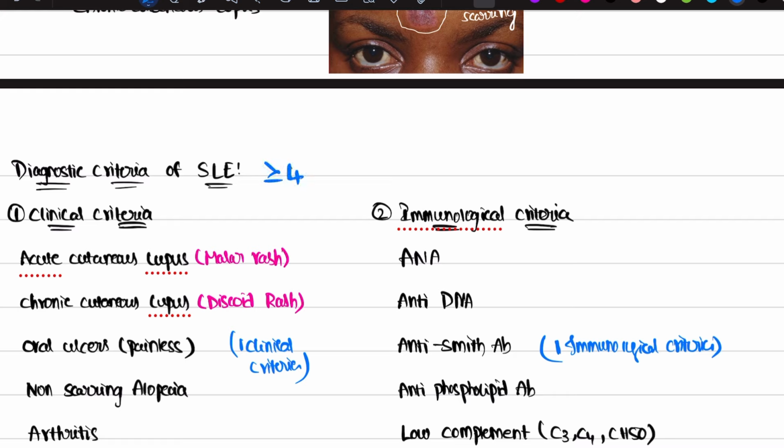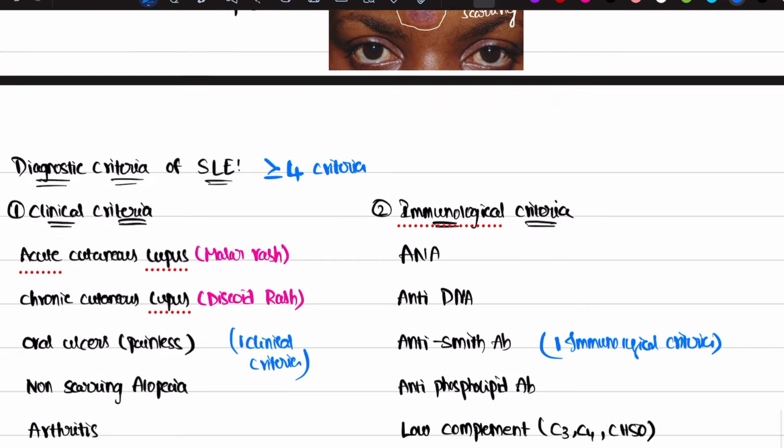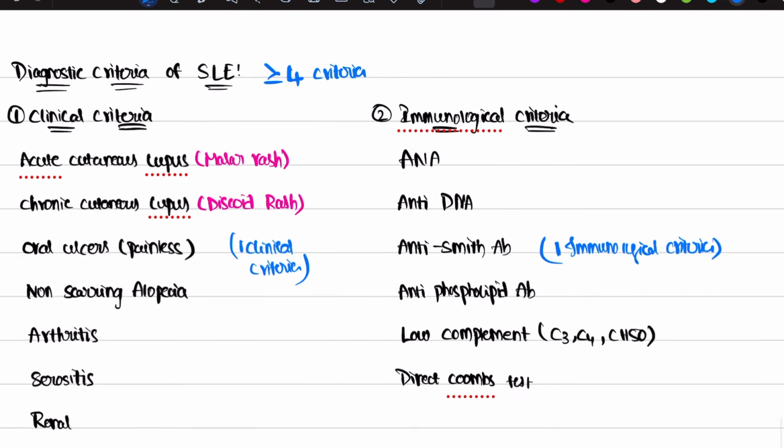Greater than or equal to 4 criteria are required to confirm SLE. Let's consider, I'm just using my laser, we require 4 or more than 4 criteria.